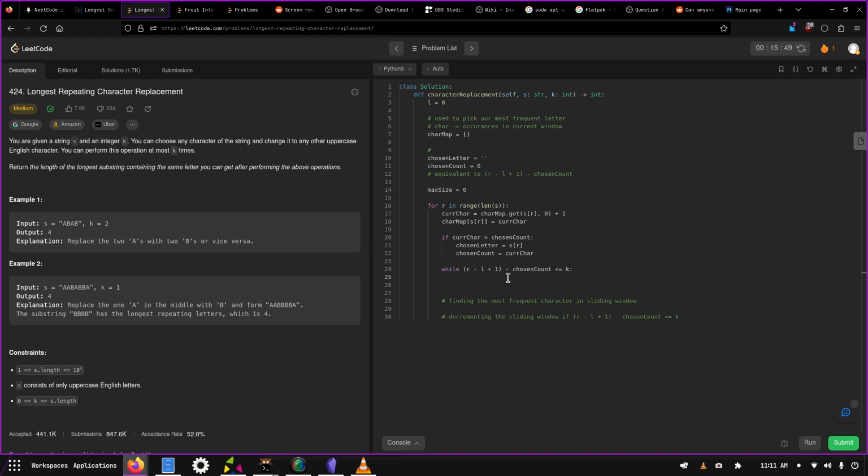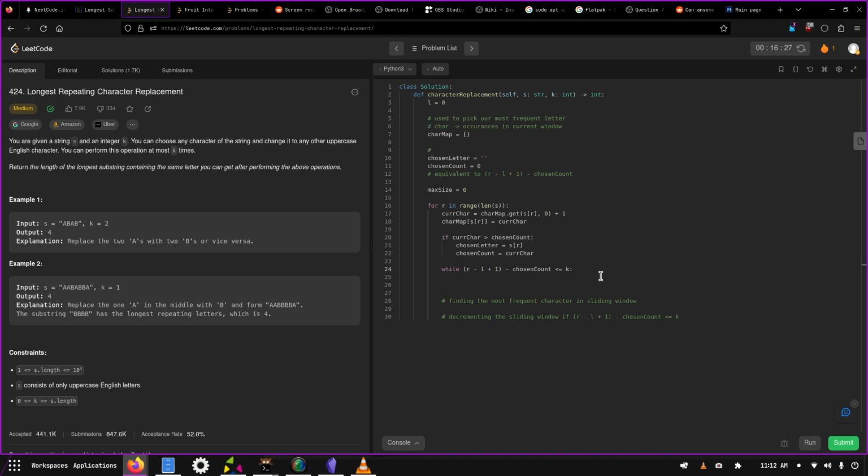The brute force way would be to get each of the values in our current substring and iterate through it, which seems very inefficient. Let me think about this for a second. Yeah, we need a new way of getting the largest number of occurrences of any given letter in our substring.